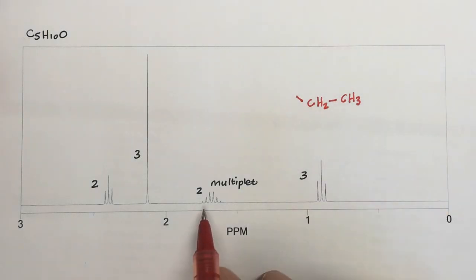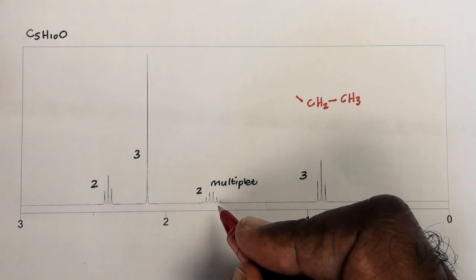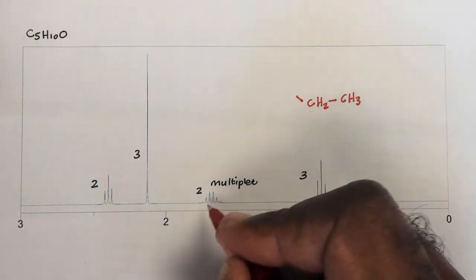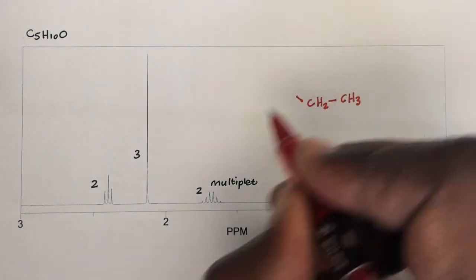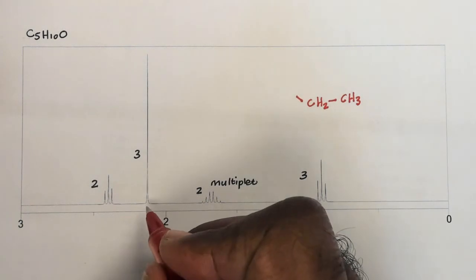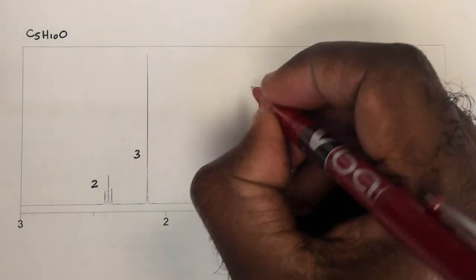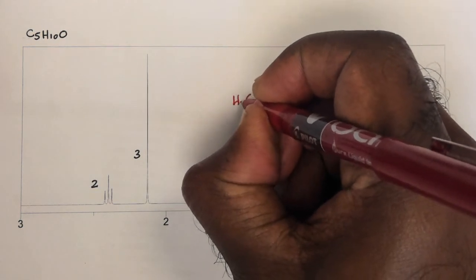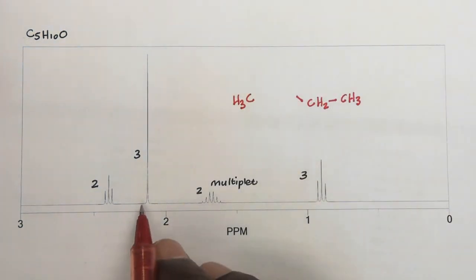If I look at my other 2 resonances, because we've taken care of that and that, this must be the multiplet, that must be the CH3, and which other protonated group is it, either that one or that one. It can't be this protonated group because this is a singlet that's not next to any other group. So this must be next to some group that has no protons on it.